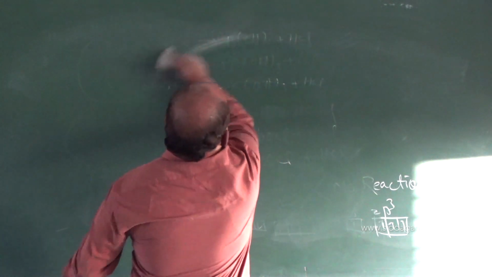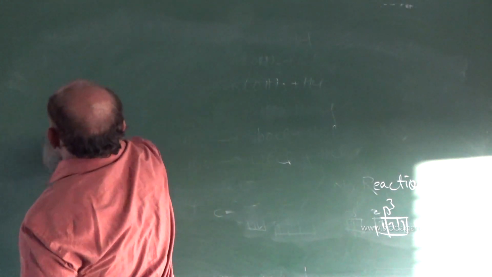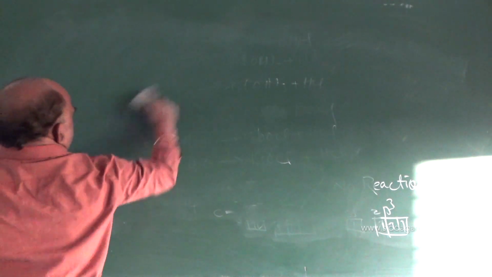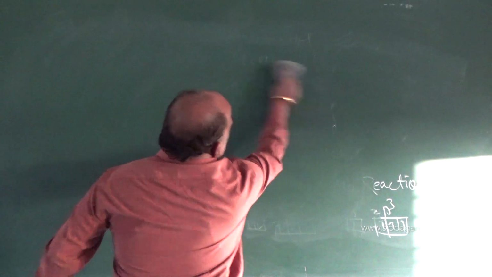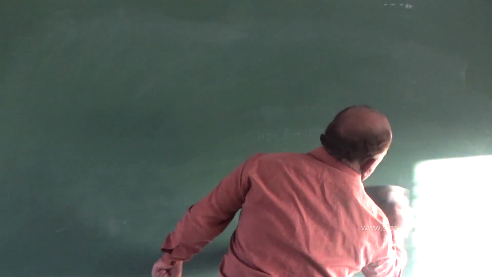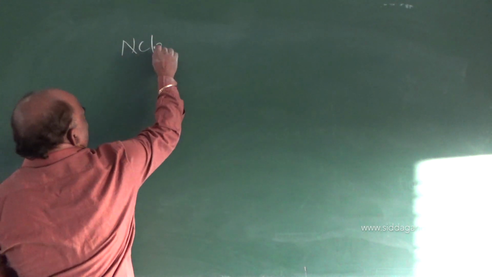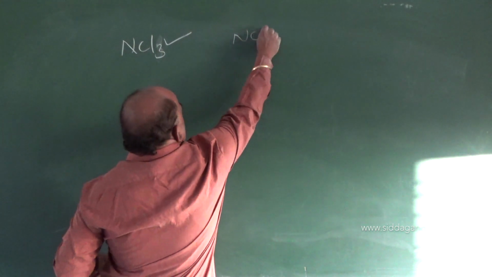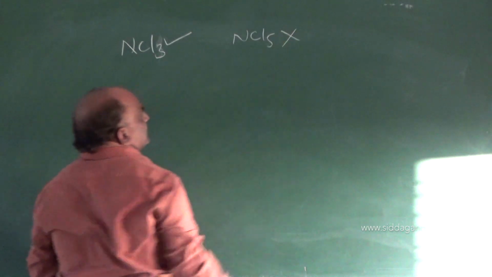Suppose the compound is a pentahalide. We already know that NCl3 exists, but NCl5 does not exist.